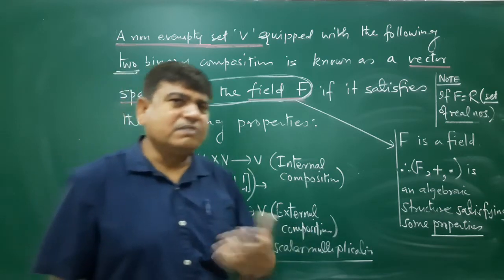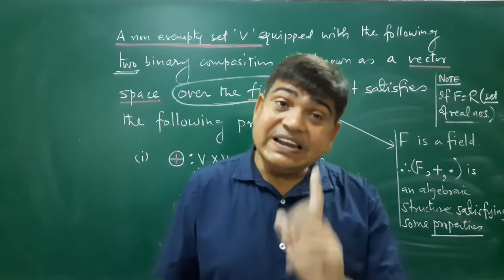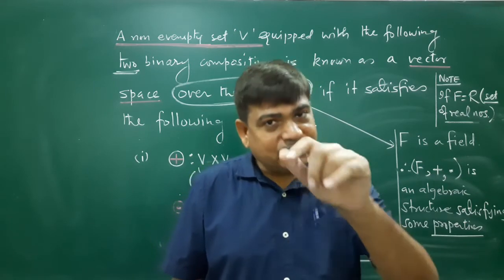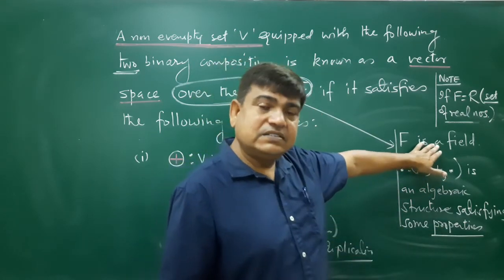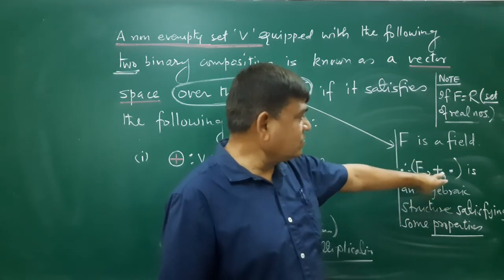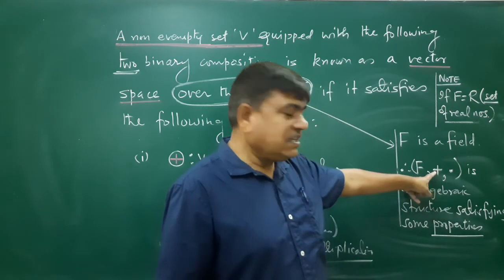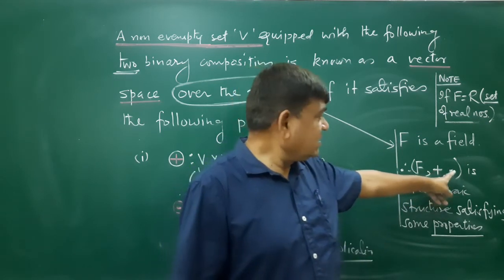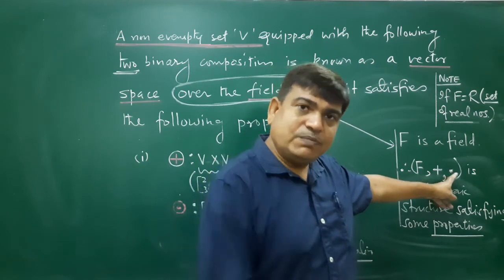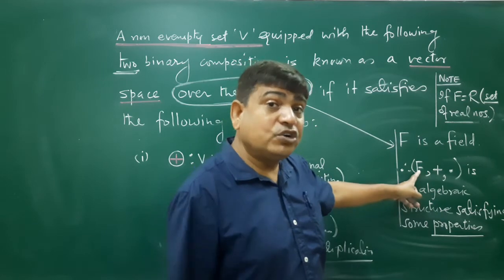Now if we have the composition, then definitely the composition will satisfy some properties like this. F is a field, means this includes two binary compositions. This satisfies 5 properties. This also satisfies 5 properties. With respect to this, F is an abelian group.